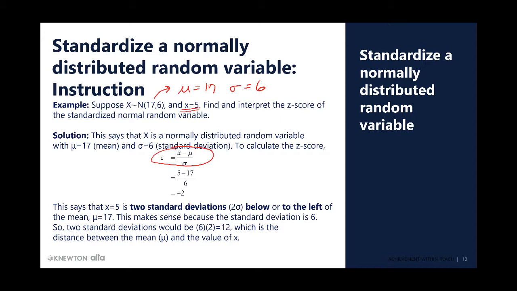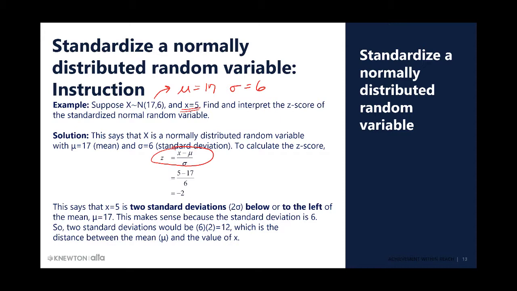So that's the z-score, but the question also asks us to interpret what that z-score means. If you remember back, we spoke about how z-scores could be negative, positive, or 0 for that matter. A z-score tells you how many standard deviations your data value is away from the mean. If that value is negative, that means you're lying to the left or below the mean.